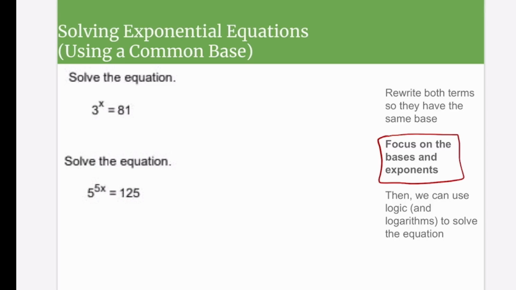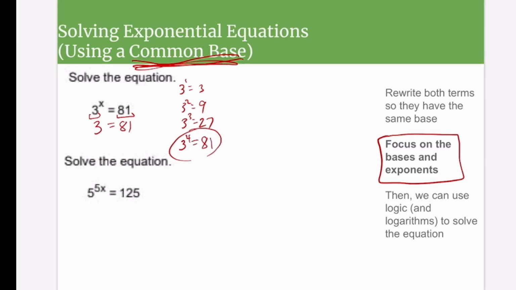So we have, in this first problem, 3 to the x equals 81. We have 3, and we have 81. So we want to know if there's a way to rewrite both of these with a common base. That means you need to know your powers of 3. 3 to the first power, 3 to the second power, 3 to the third power, 3 to the fourth power.